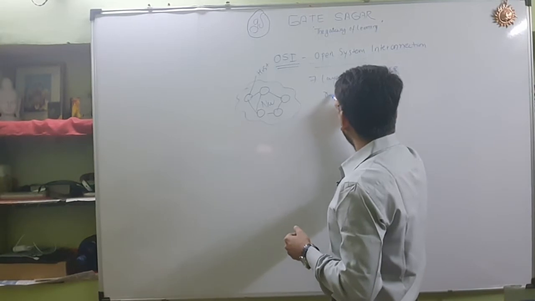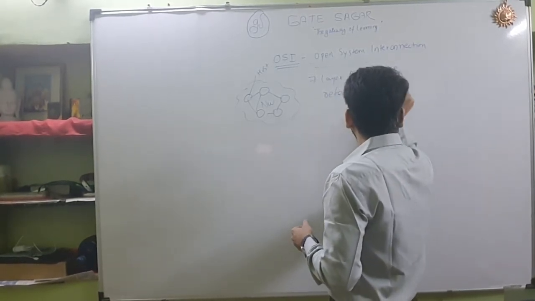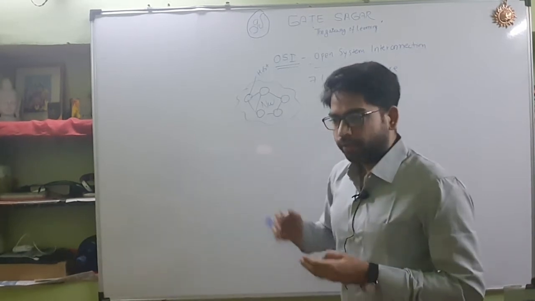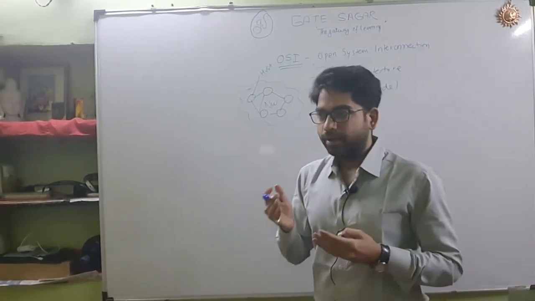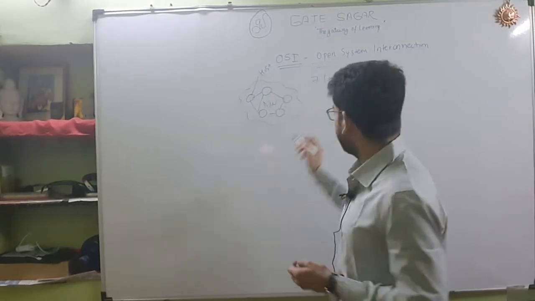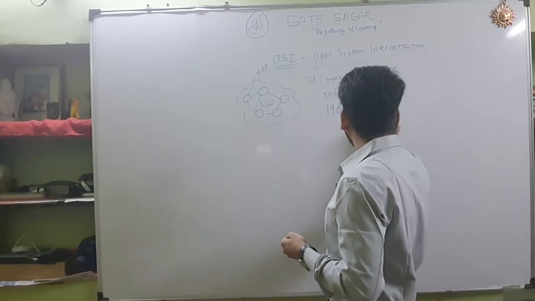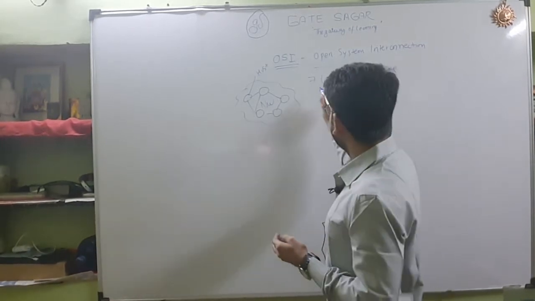And it is called a reference model. The reference model was developed by ISO, the International Organization for Standardization, in 1984, and this is a 7-layer architecture.